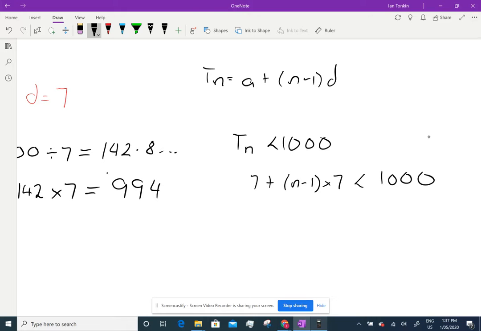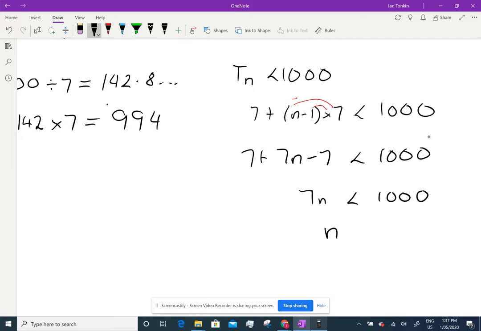I'm going to subtract the 7, so n, oh, well, I won't, because what's this? I'll expand this, and I'm going to get 7 plus 7n minus 7, less than 1,000, and I'll get 7n is less than 1,000, and I'll divide by 7, and I'll get exactly what I got over there, 142.8 dot dot dot.